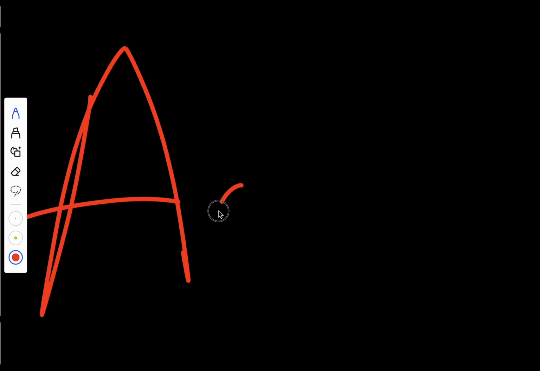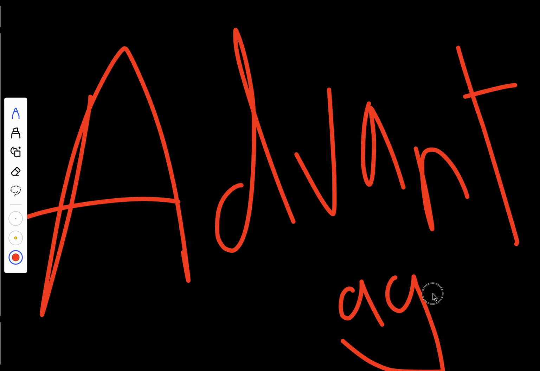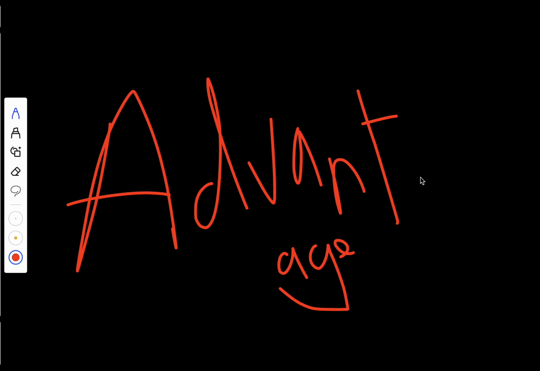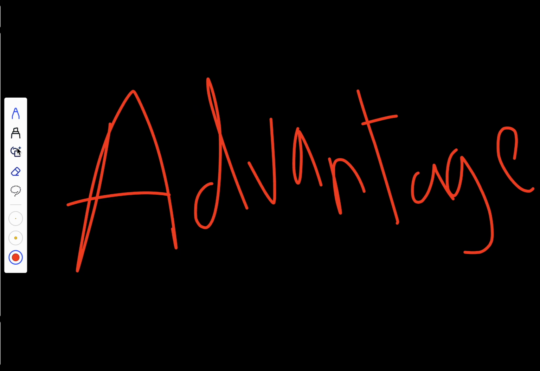Okay, what are the advantages? What are the advantages of the async task execution pattern?